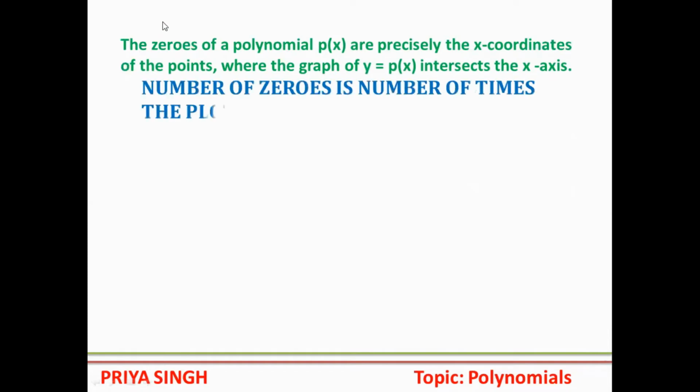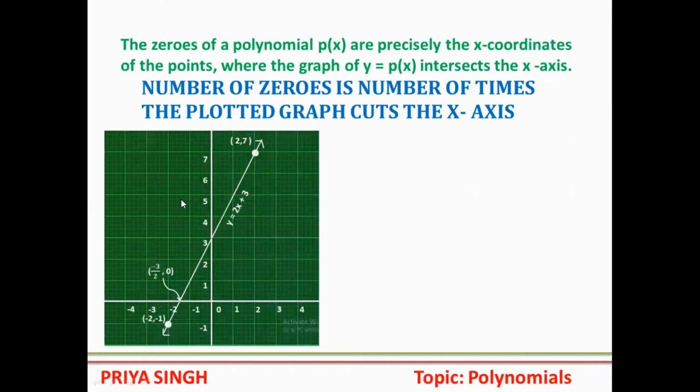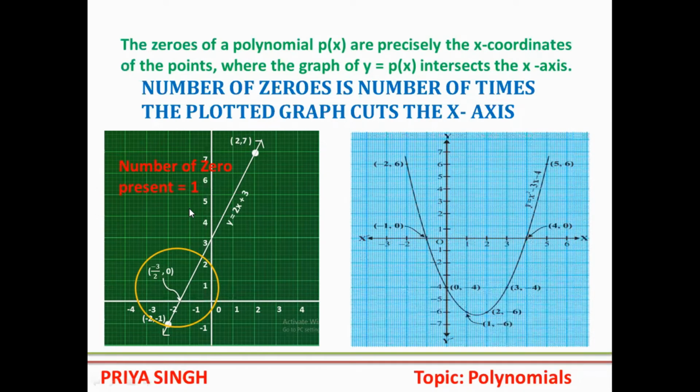I can say the number of zeros is the number of times the plotted graph cuts the x-axis. For example, in this graph, the line is cutting the x-axis at 1 point. Therefore, the number of zeros present is 1. In our second graph, it was cutting at 2 points. Therefore, the number of zeros present was 2. So this is the summary of what we have studied till now.